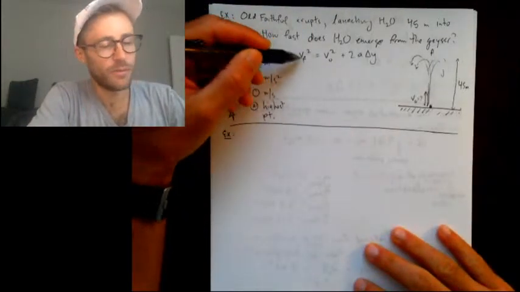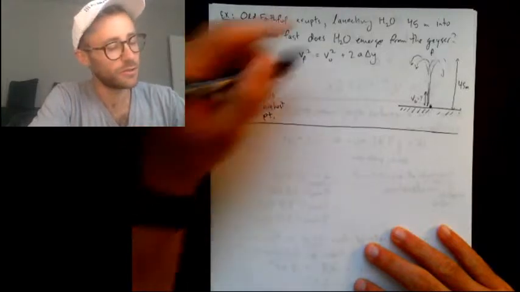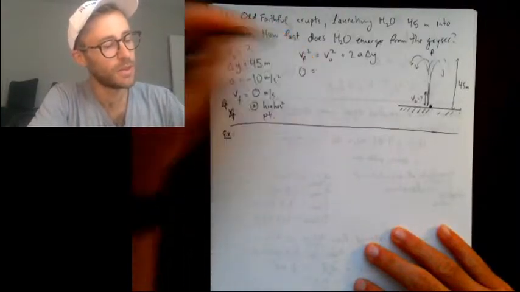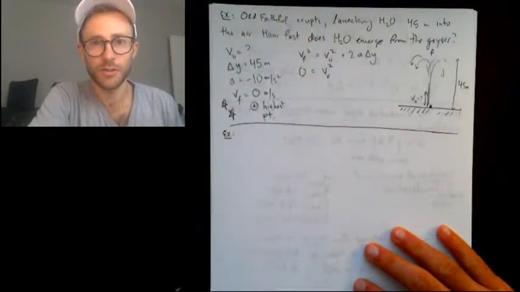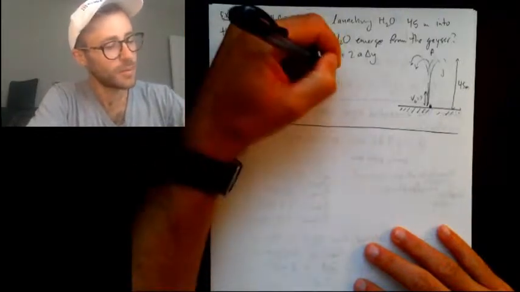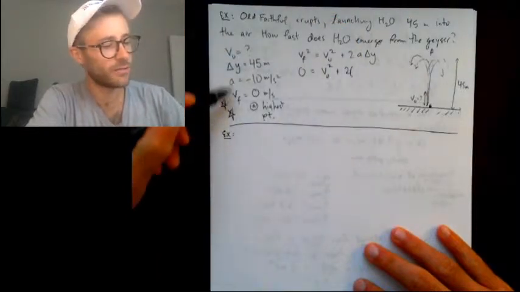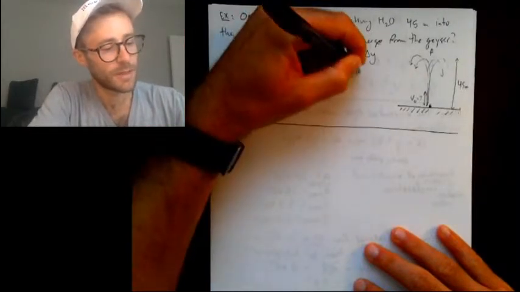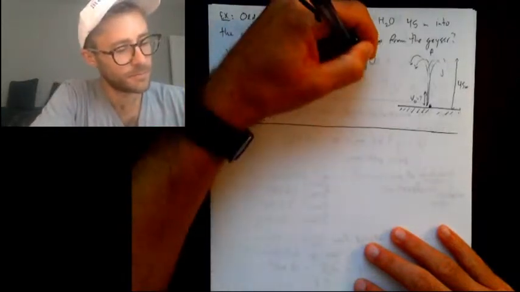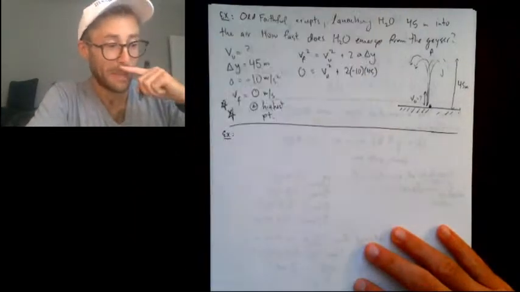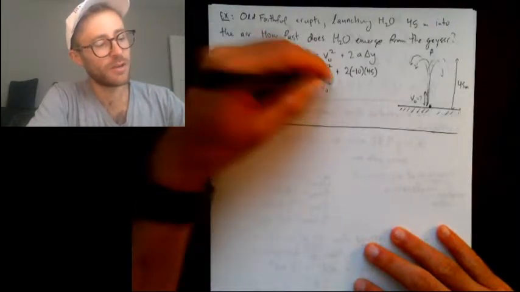So v final is 0, so that means v final squared is 0. V initial is what I'm trying to figure out, so I leave that as a variable, plus 2 times the acceleration, which is -10, and then delta y is 45. So I have 0 equals v initial squared.